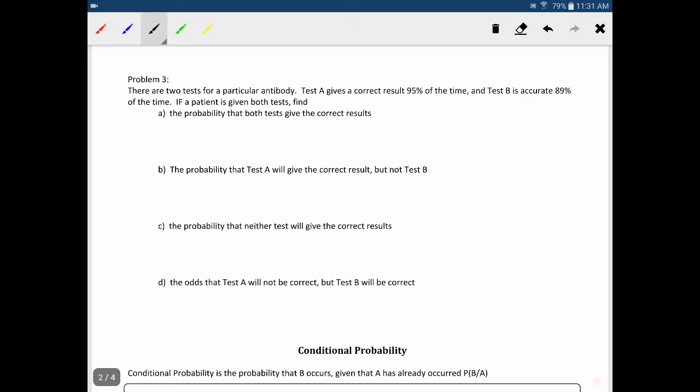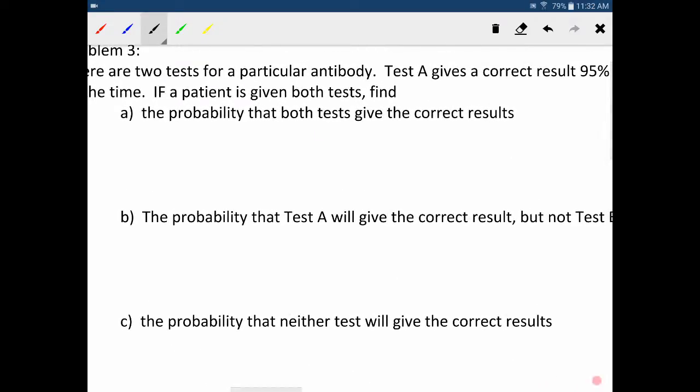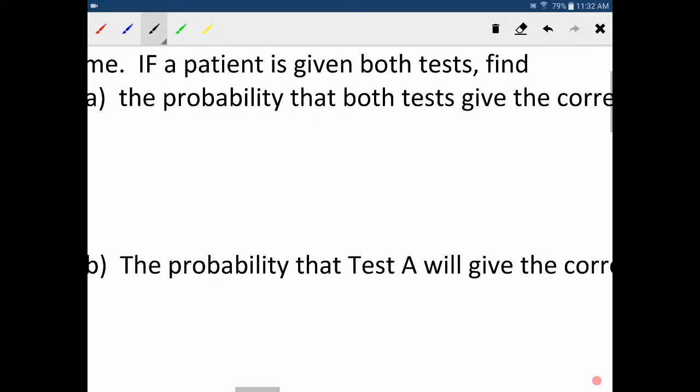There are two tests for a particular antibody. Test A gives a correct result 95% of the time, and test B is accurate 89% of the time. If a patient is given both tests, what is the probability that both tests are correct, that they both give the correct result? So we want the probability of test A being correct and the probability of test B being correct.